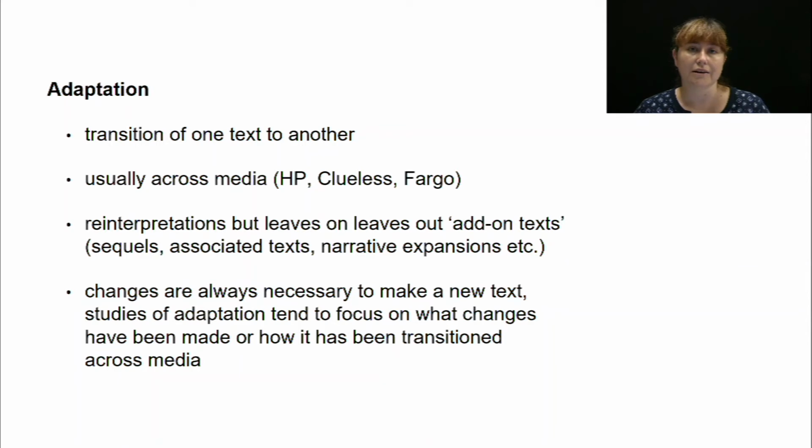One can spend a longer time focused on something than the other one can, so people complain that not everything that occurs in the books, for example, fits into the Harry Potter films. So what has happened in academic studies of adaptations is they tend to focus on these changes, what changes have been made, and how this transition has occurred across media.